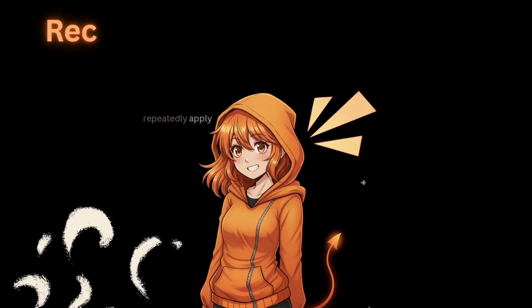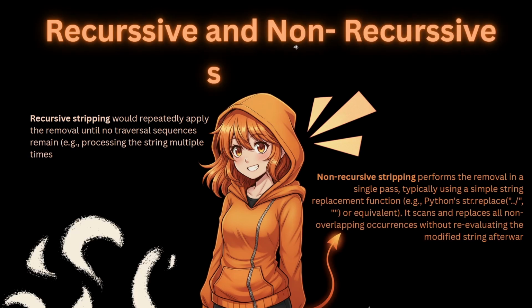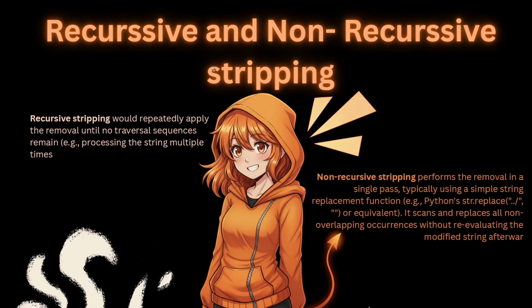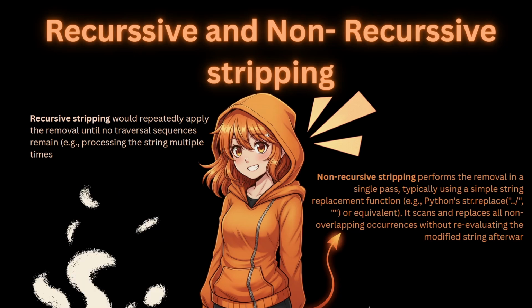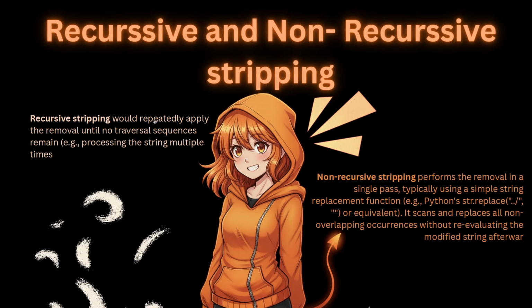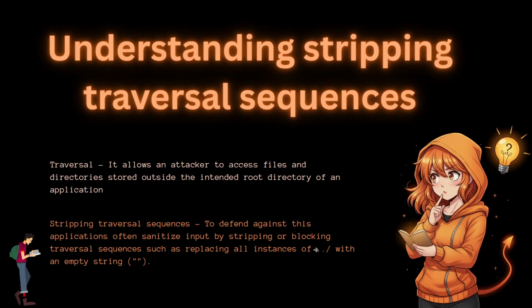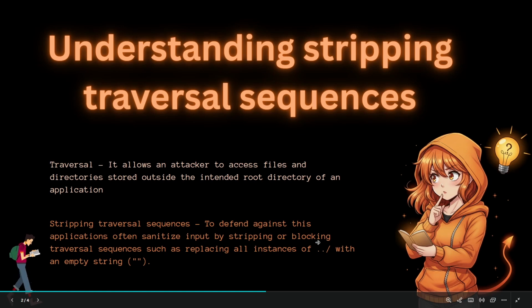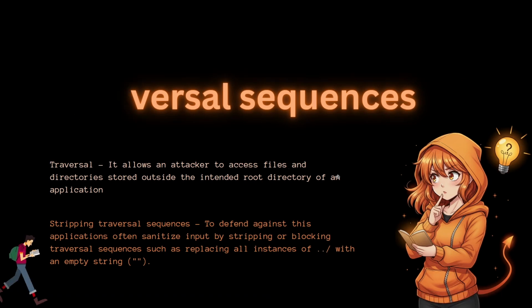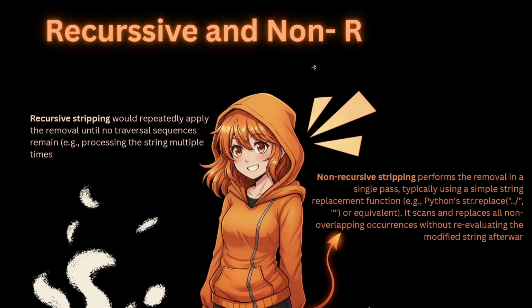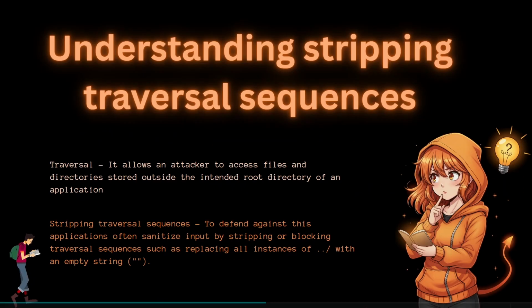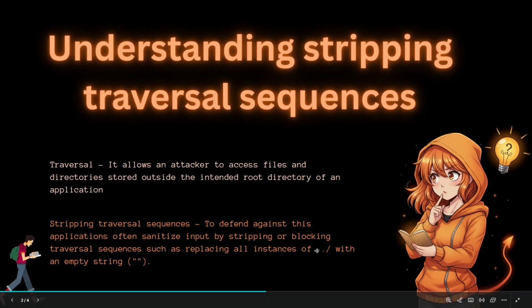Now let's understand recursive and non-recursive stripping. First let's understand recursive stripping, then we will be able to understand non-recursive stripping. Recursive stripping would repeatedly apply the removal until no traversal sequences remain. This means that whenever we are sanitizing the input for this kind of pattern, if the application supports recursive stripping, then if I remove dot dot forward slash one time, the next time also I'll try to remove it.